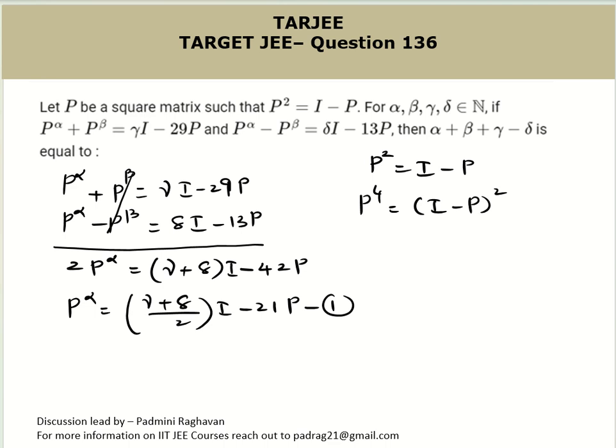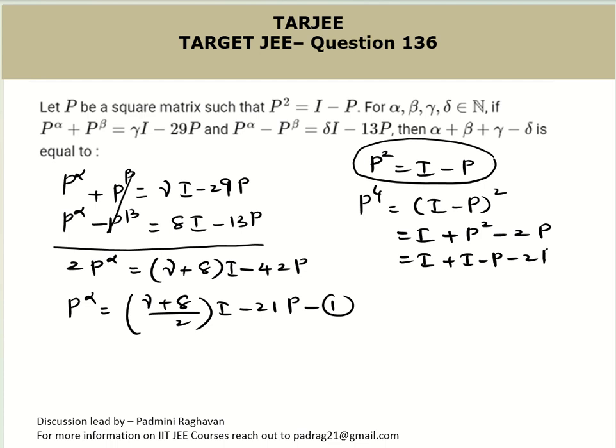We know the identity matrix is commutative with any other matrix, so we can use the identity. I square gives I, plus P square, minus 2IP, which is minus 2P. Replace P square again using this relation. So we get I plus I minus P minus 2P, which gives 2I minus 3P.